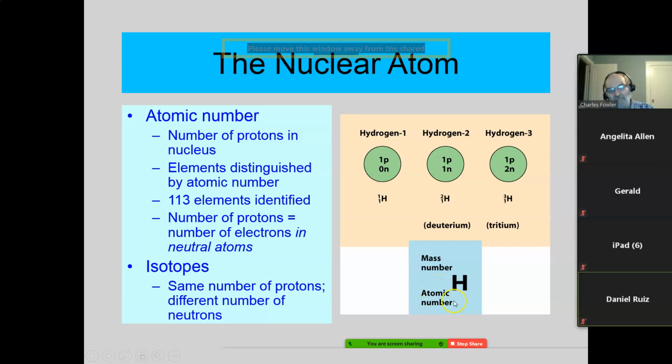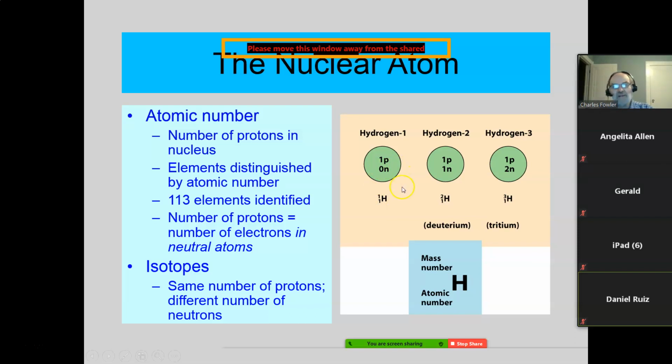That's the number of protons. The mass number is the number of protons plus neutrons. This one has an atomic number of 1 and a mass number of 1. That means it has 0 neutrons. Okay? Now we're assuming here protons and neutrons have almost the same mass, and that's the case.